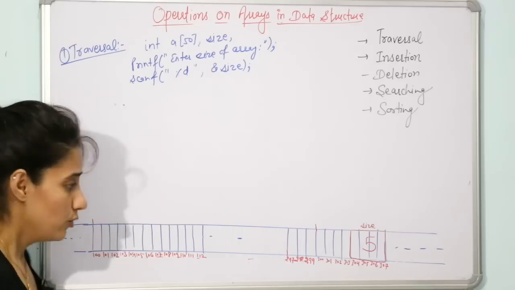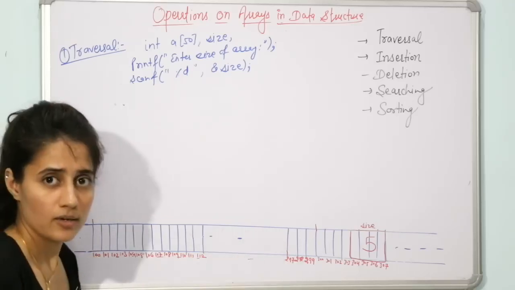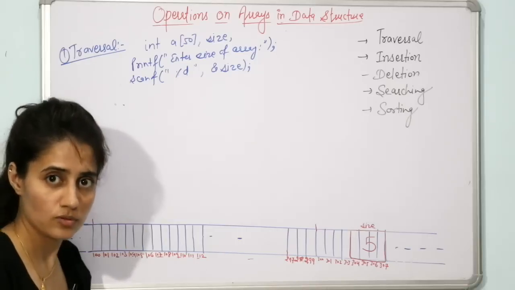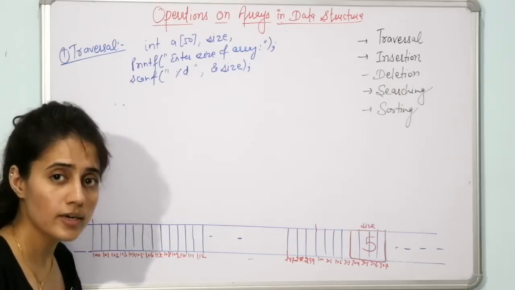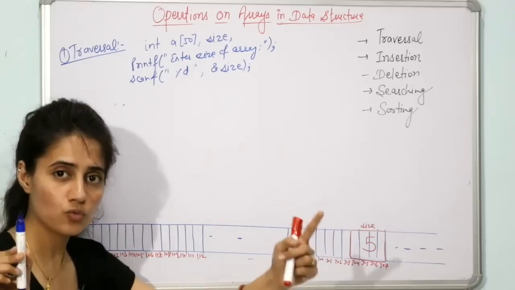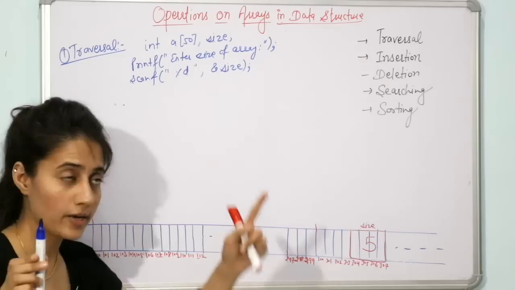Now we want to populate the data in this array. The size is 5, so I want to insert 5 values. Now how is the value to be inserted? I would start from 0 till 4, till size minus 1. You have to take one for loop, which I have already discussed.